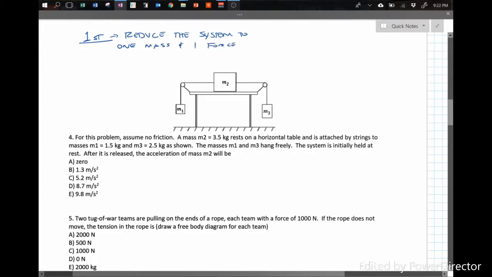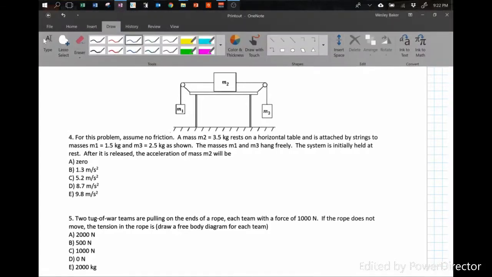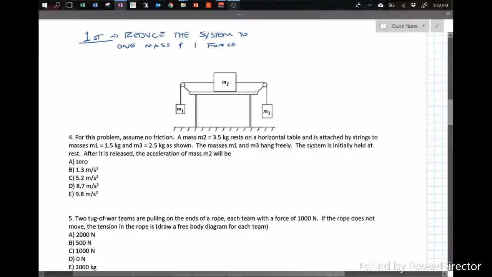Since we're looking at three objects, we've got some work to do. I'm going to start off by sketching our forces on here. Got M1G pulling down, tension pulling up, tension pulling over. Since that's all the same string and I know I have two strings, I'm going to call that tension 1.